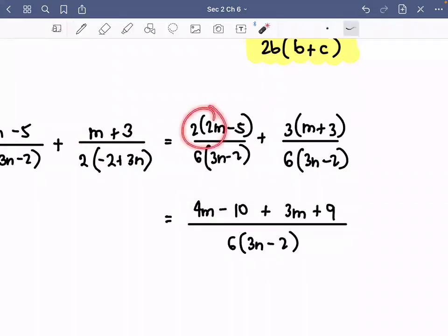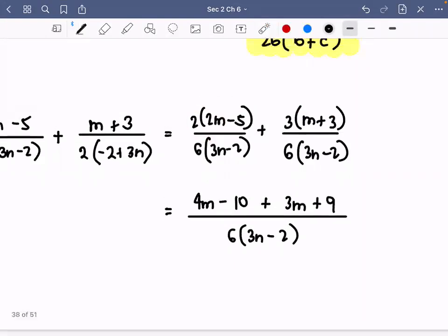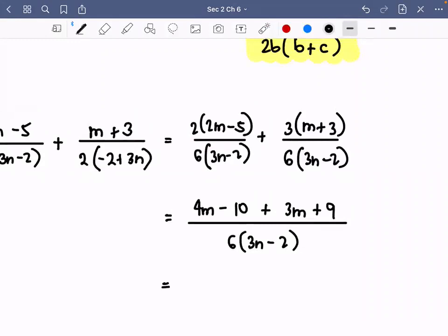So we distribute, and therefore, your final answer is what? 4m plus 3m is 7m minus 1, all over 6 times 3n minus 2. So that's your final answer.